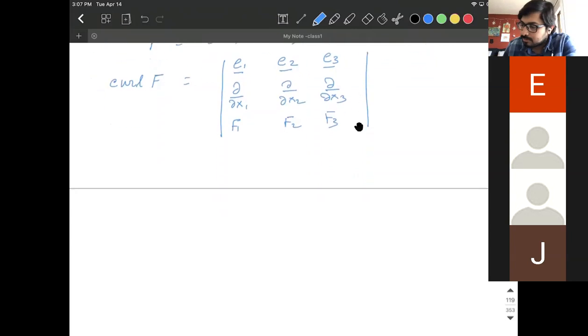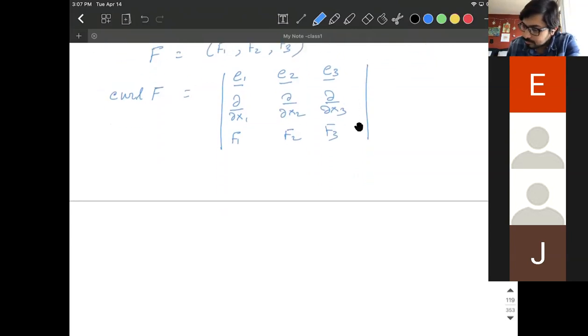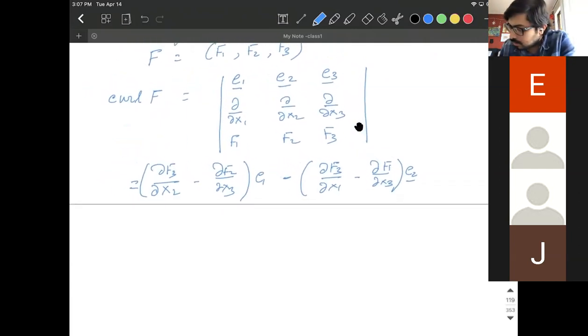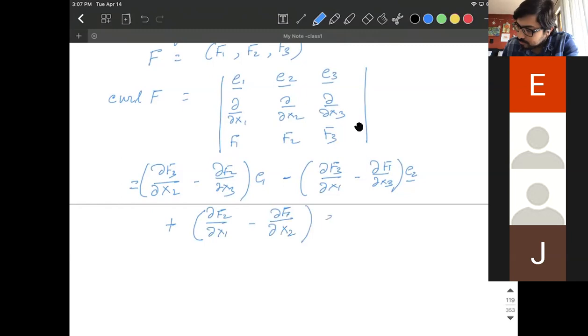So how do you interpret this determinant? In the following sense. This is equal to del F3 del x2 minus del F2 del x3 times E1, now minus del F3 del x1 minus del F1 del x3 times E2, plus del F2 del x1 minus del F1 del x2 times E3.